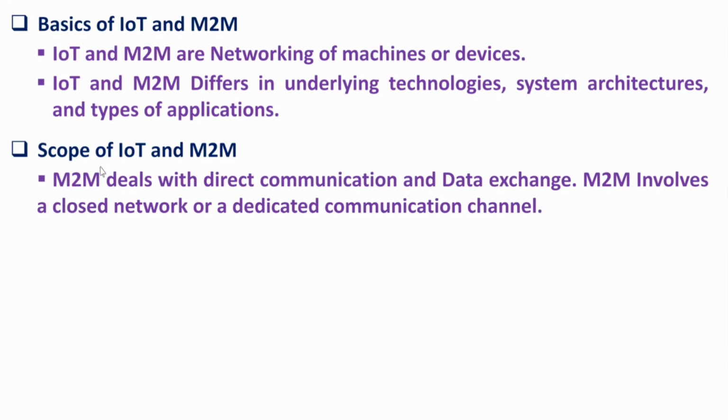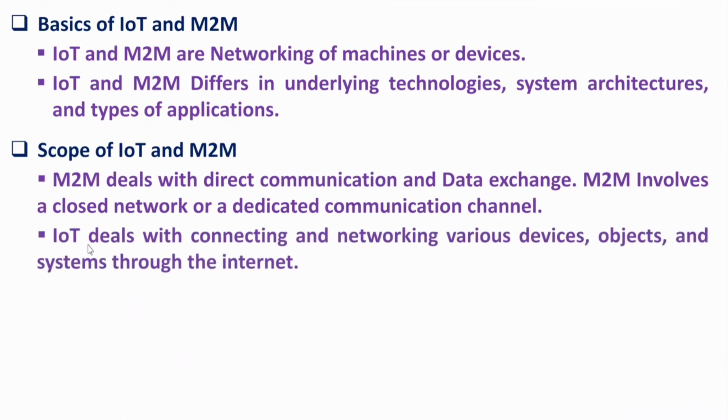IoT deals with connecting and networking various devices, varieties of objects and systems through the internet, so many networks can be interconnected. While in M2M, we have similar categories of devices connected with each other, and they can directly communicate with each other.